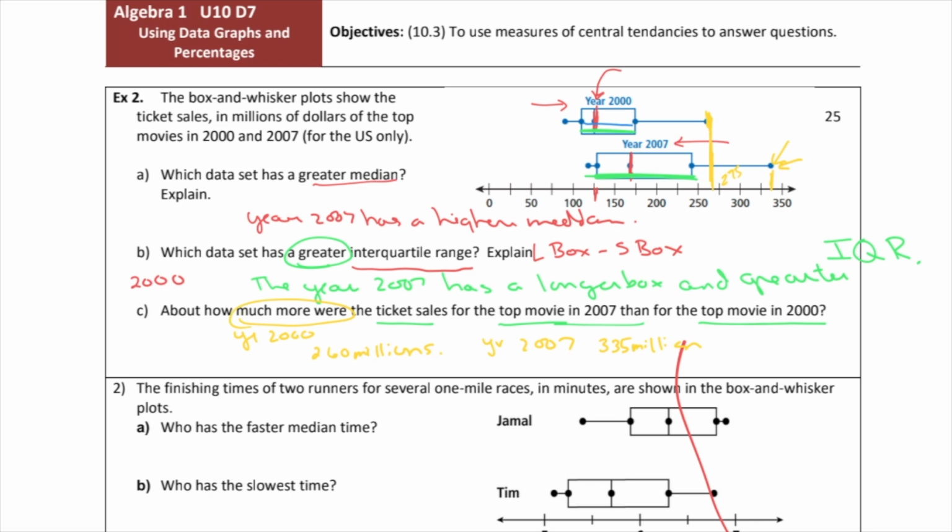So we're going to subtract 335 minus 260, and we are going to get $75 million. So the difference is $75 million.